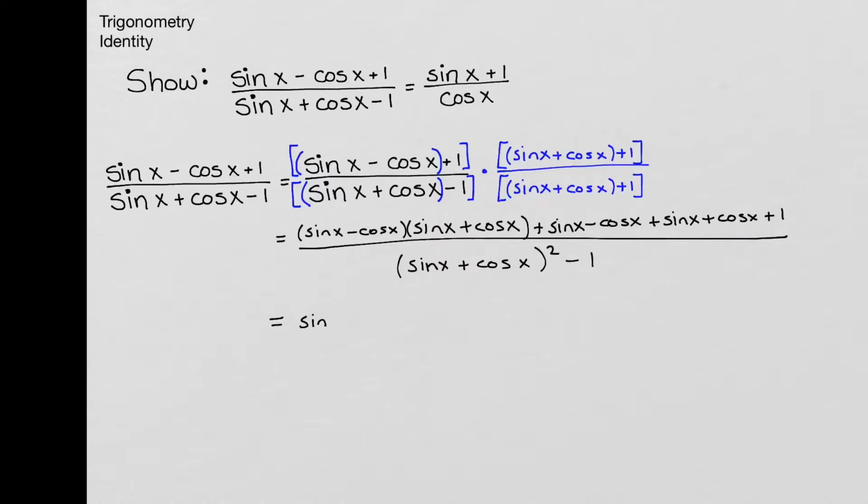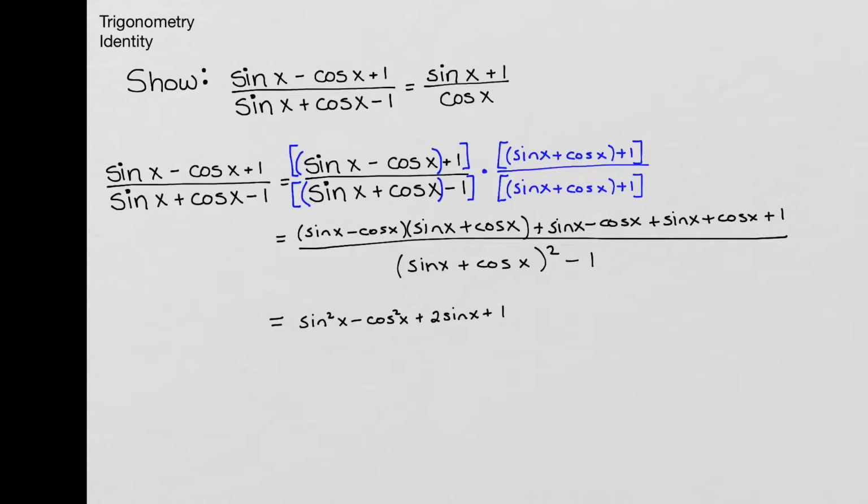And this will give me sine squared x minus cosine squared x. And then I have a plus sine x and another plus sine x. So that gives me plus 2 sine x. And then we have minus cosine x and a plus cosine x, and those two terms cancel out, and then there's a plus 1.